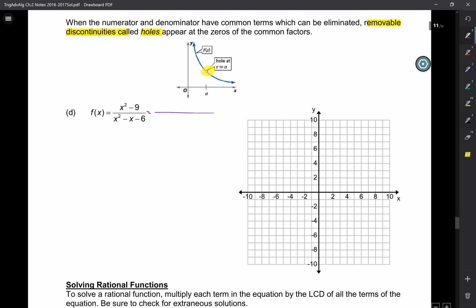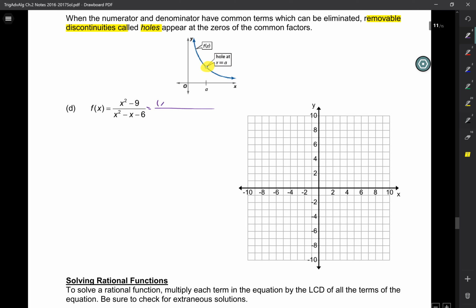Let's factor it, because now we see that both top and bottom can be factored. In the top I get x minus 3, x plus 3, and I get x minus 3, x plus 2. Now, let's find the domain for a minute. The domain would be when x minus 3 and x plus 2 equal 0.